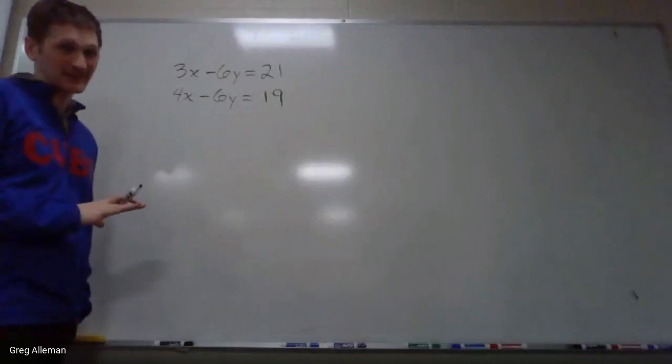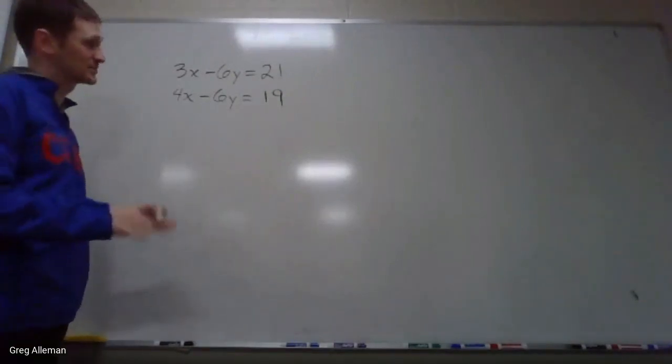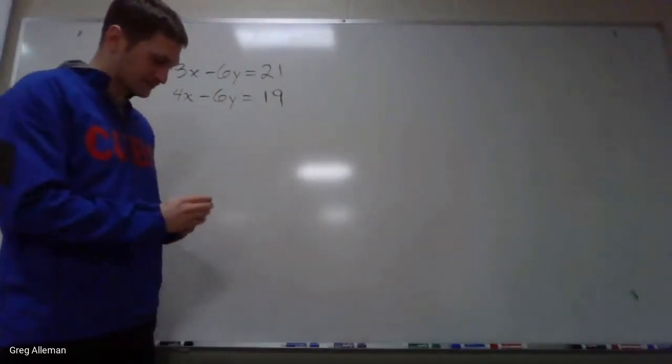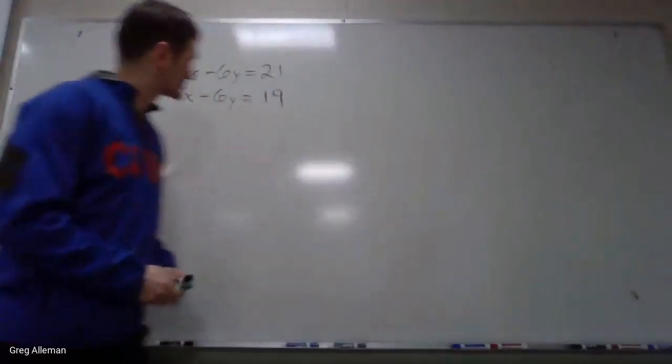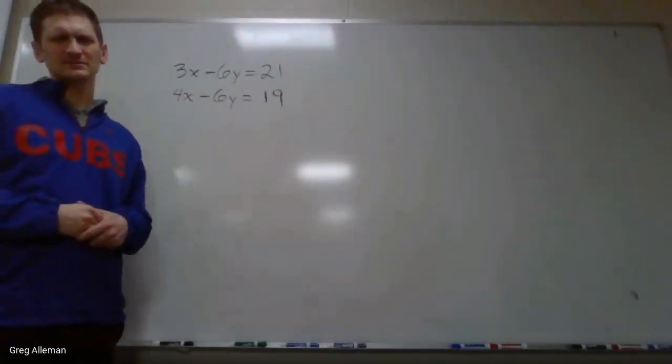This one will work out nicely, but we might get fraction or decimal answers. Okay, so now you can see maybe, which coefficient stands out a little bit in this situation?